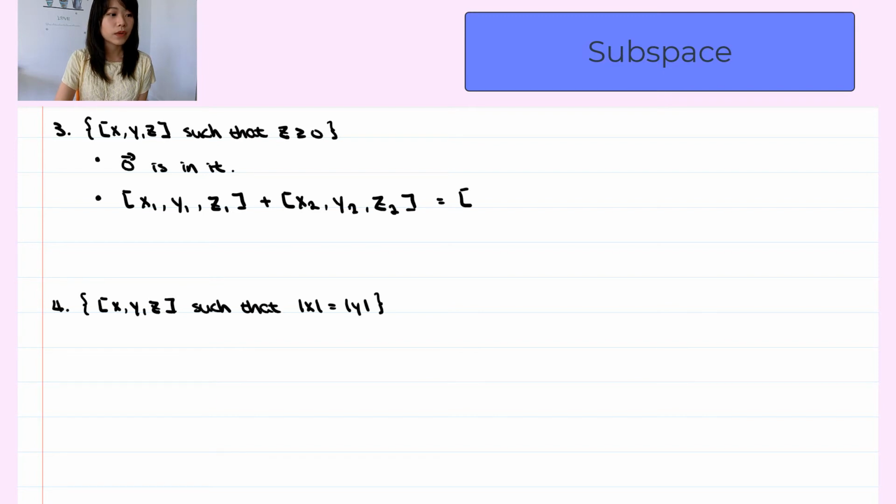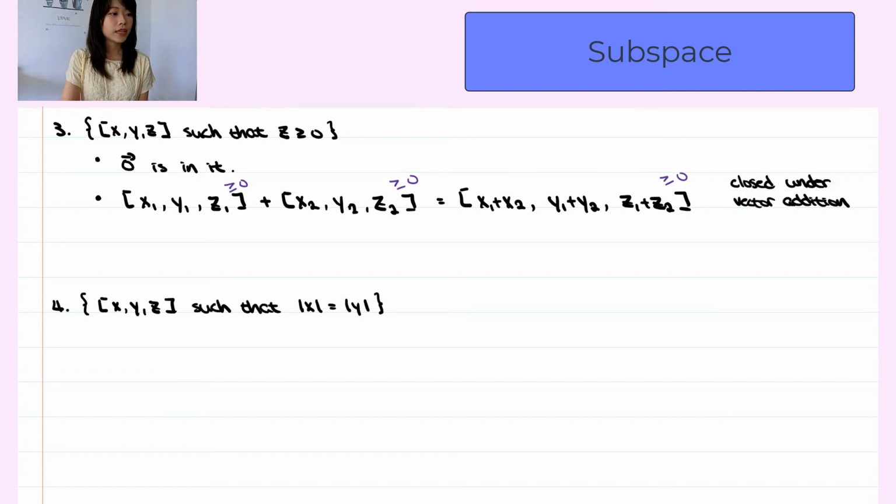The resultant vector would be x1 plus x2, y1 plus y2, and c1 plus c2. We know that the first 2 vectors are in the subset, so c1 is greater than or equal to 0. c2 is also greater than or equal to 0. So c1 plus c2 will still be greater than or equal to 0. So this subset is closed under vector addition.